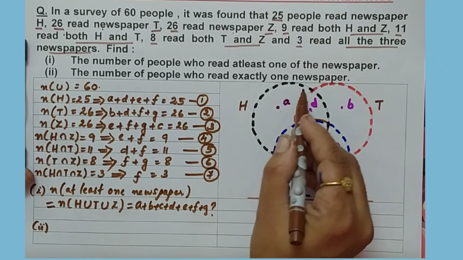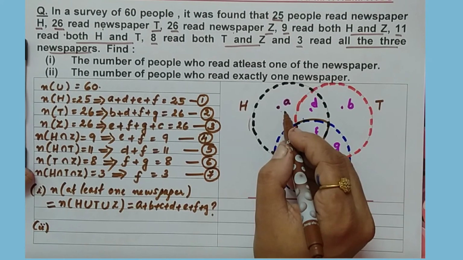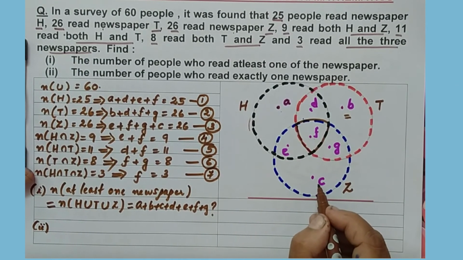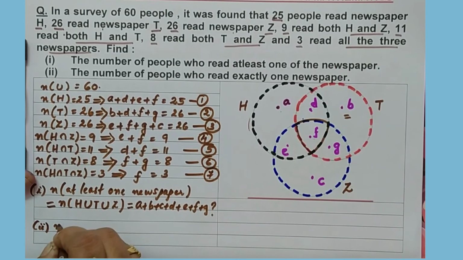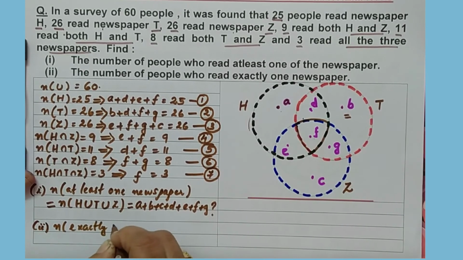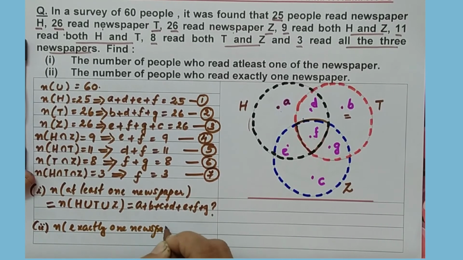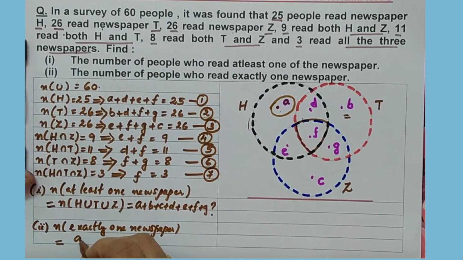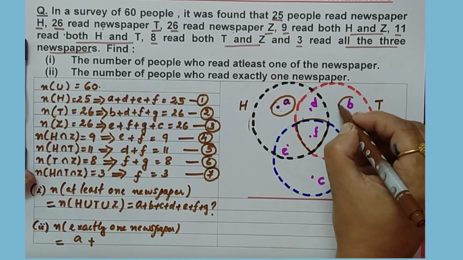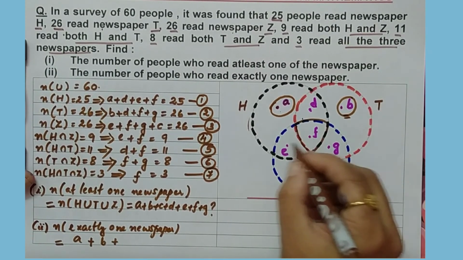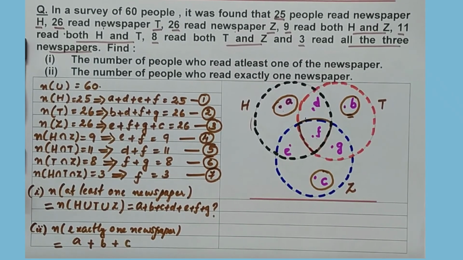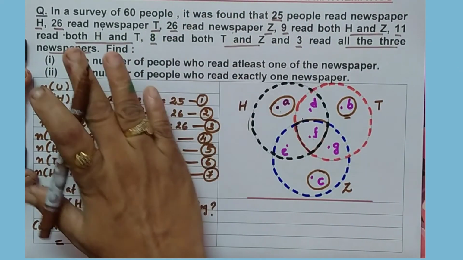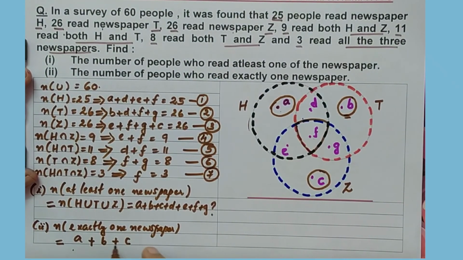Exactly one newspaper means either he read H only, then A you need to find; if he read T only, you need to find B; if he read Z only, you need to find C. So exactly one newspaper means that when he reads H, he should not read T and Z; when he reads T, he should not read H and Z, and so on. So A plus B plus C, the total, you need to find.